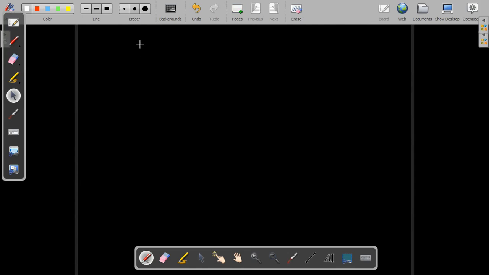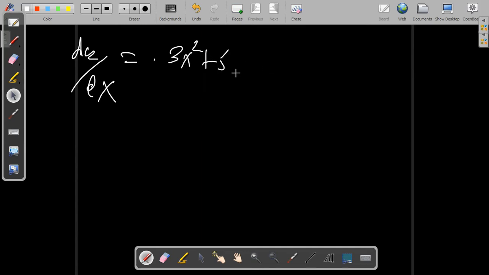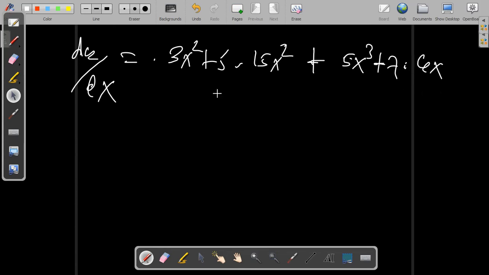So dy over dx is u, which is 3x squared plus 5, times dv over dx, which is 15x squared, plus v, which is 5x cubed plus 7, times du over dx, which is equal to 6x.